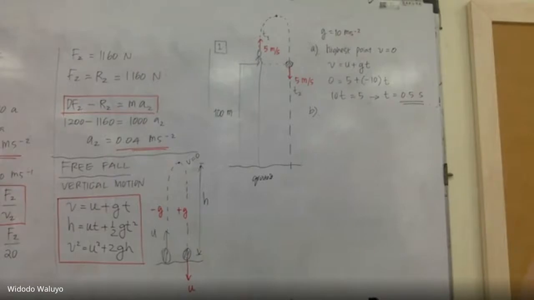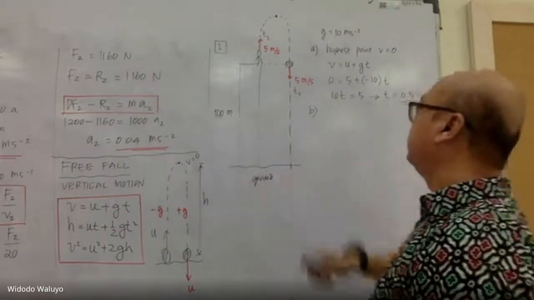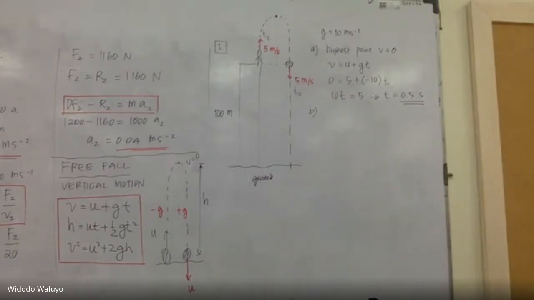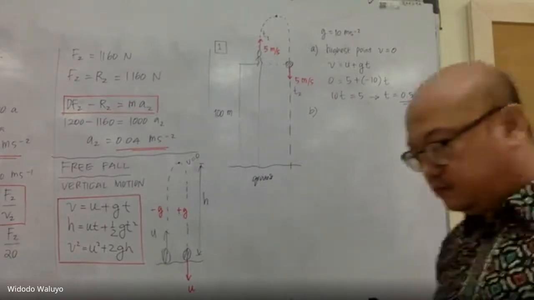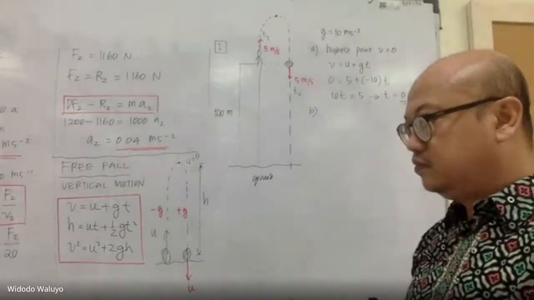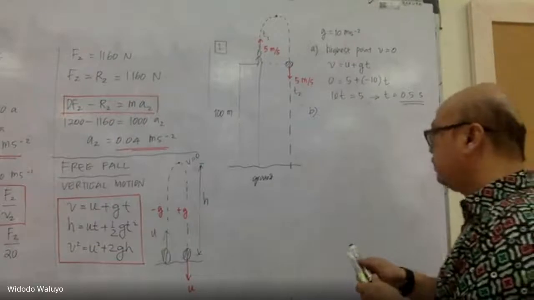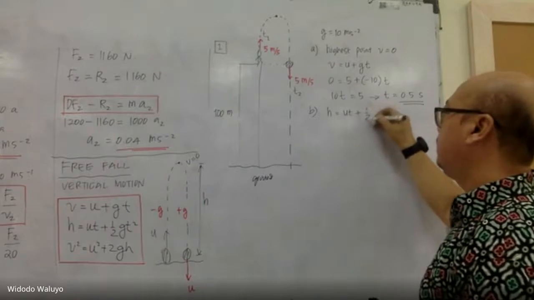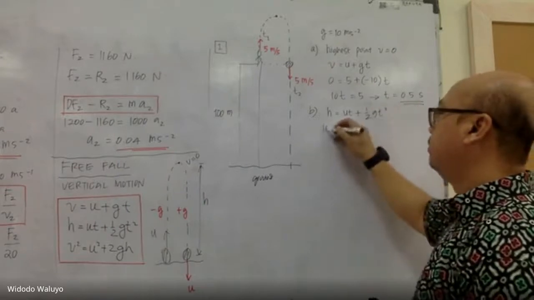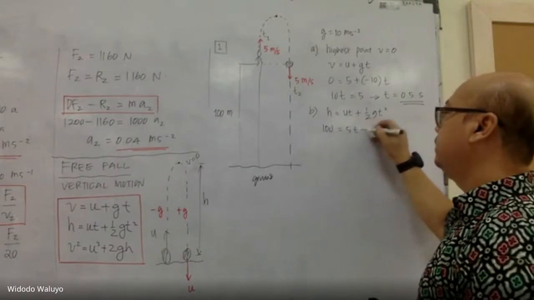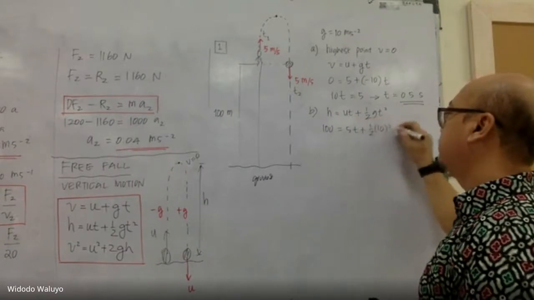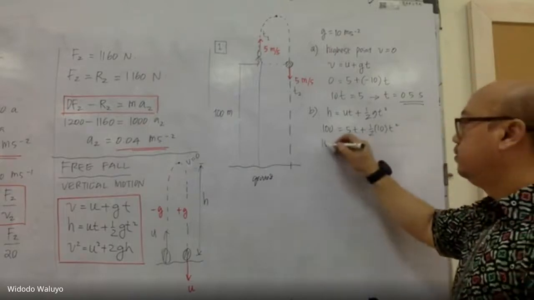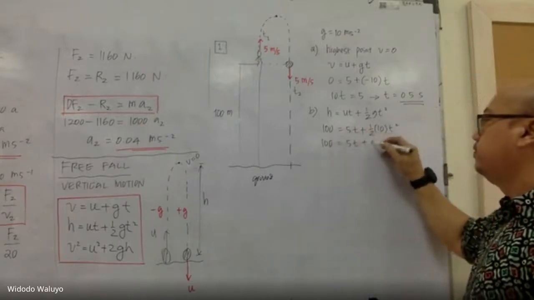But we'll use the formula. If we use the formula h equals ut plus a half gt squared, 100 equals 5t plus a half 10 t squared, so 100 equals 5t plus 5t squared.